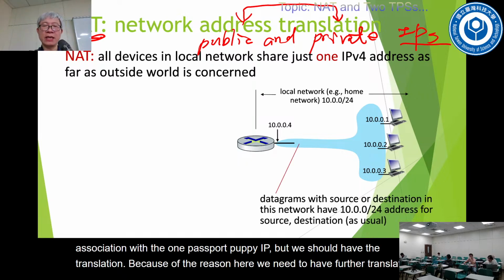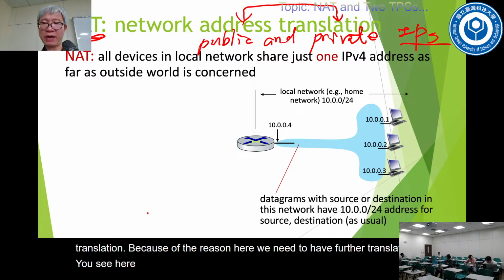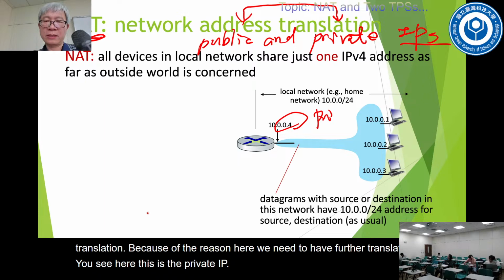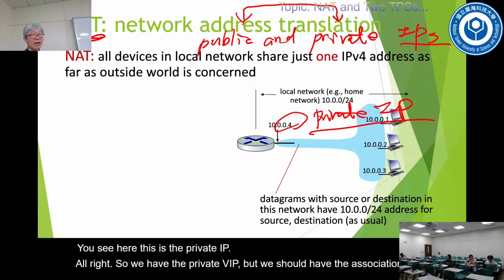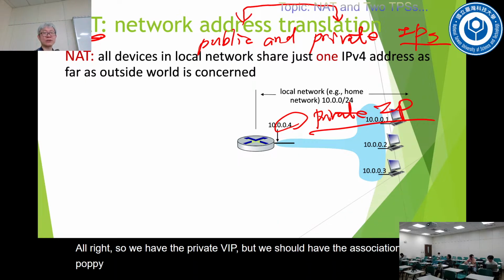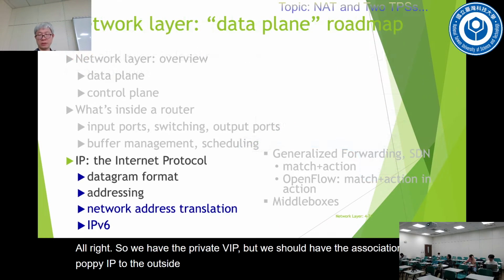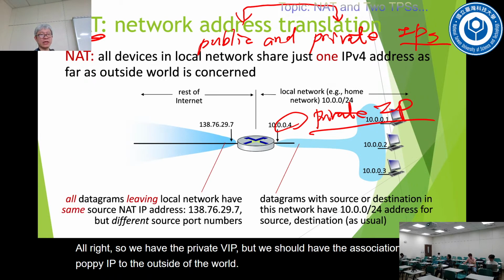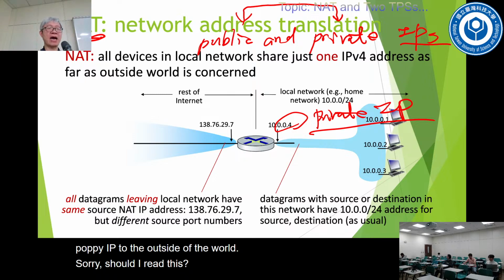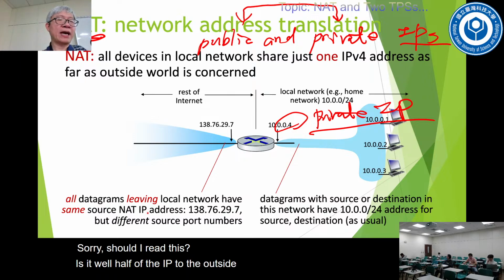You see, here this is the private IP, but we should have the association of a public IP to the outside world. You see, we'll have the IP to the outside. Here, this is a public IP.